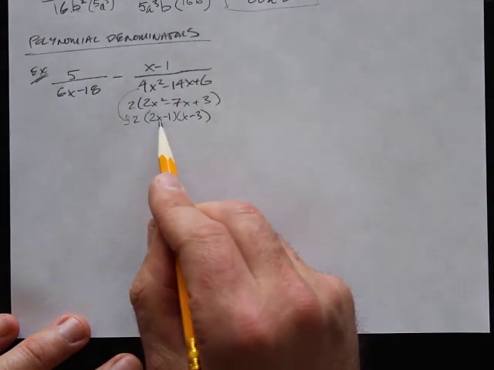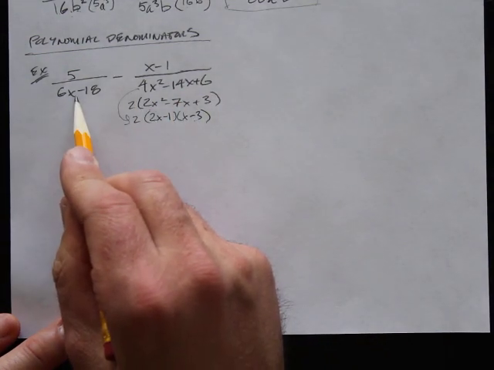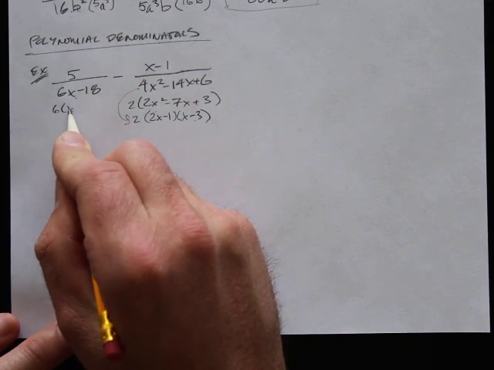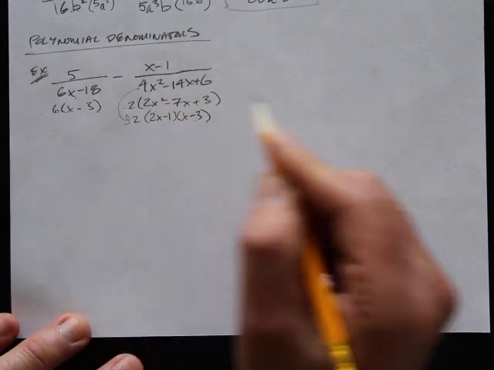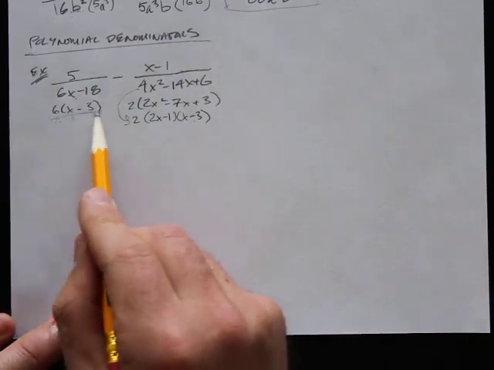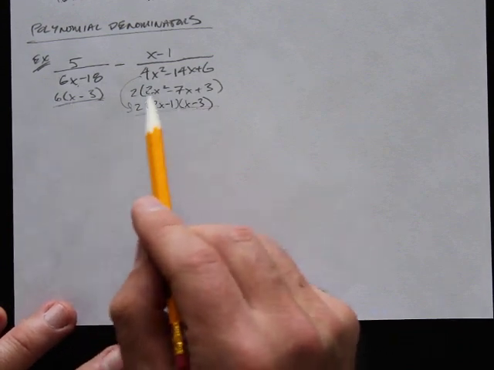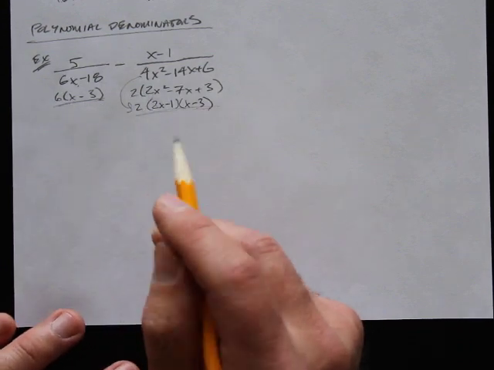So I've got 2x minus 1 and x minus 3. Let's factor this one here. I can pull out a 6, so this will be 6 times x minus 3. Okay, cool. Now I'm looking at these denominators to see what each one needs so that we can have a common denominator.